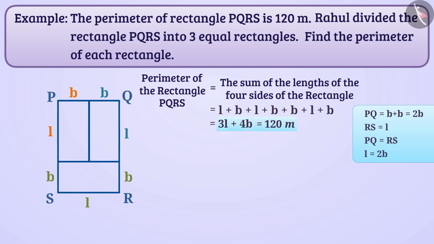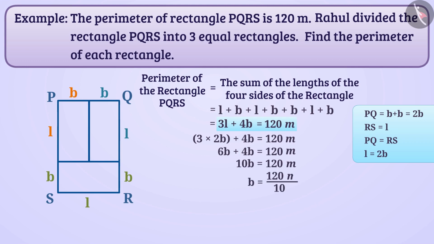Now we can write 3L plus 4B is equal to 120 meters as 3 multiplied by 2B plus 4B is equal to 120 meter. By simplifying this, the value of B will be 12 meter. Since L is equal to 2B, L is equal to 2 multiplied by 12 meter. So we get the value of L is 24 meter.